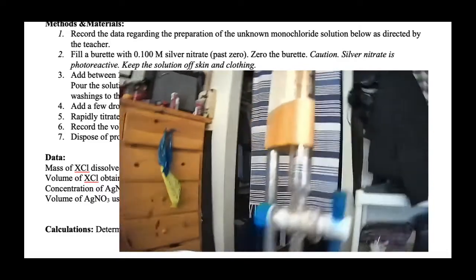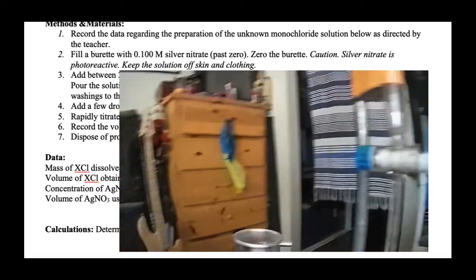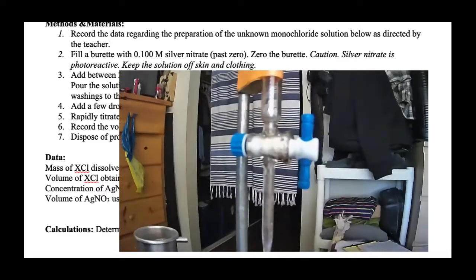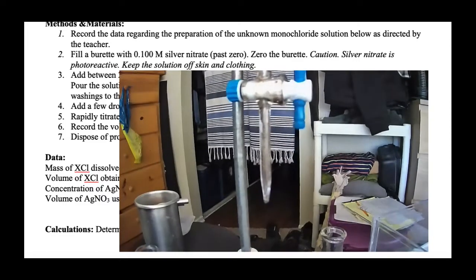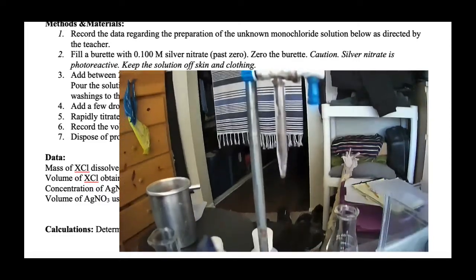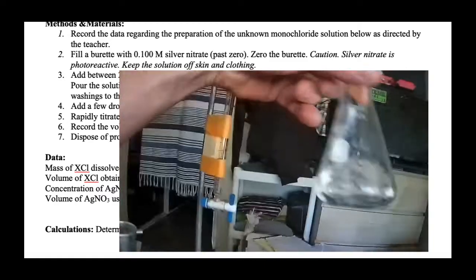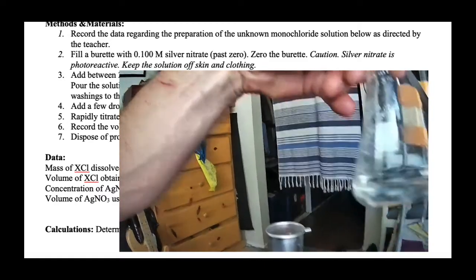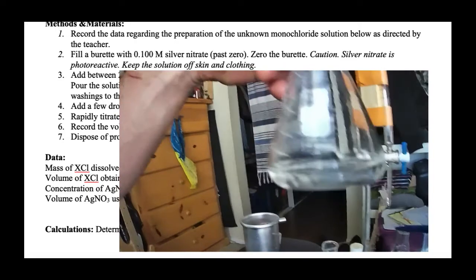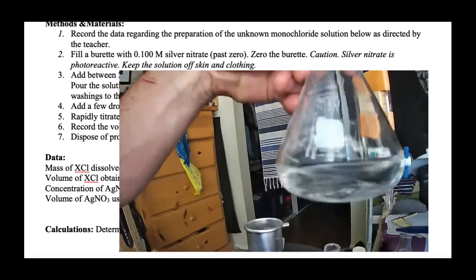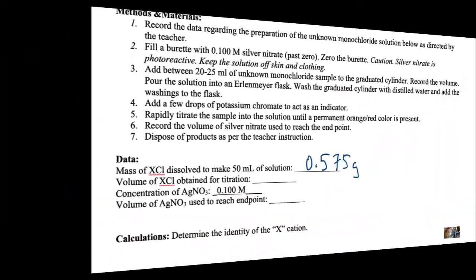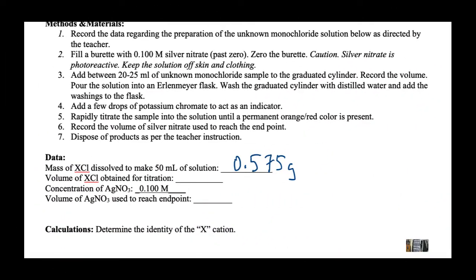And there's a little valve stem at the bottom which allows me to control how much of the solution I am going to release. That's going to go down into our solution of the monochloride. So I'm going to introduce those silver ions from the burette into this monochloride, and I'll know the whole time how much I've added through the burette.